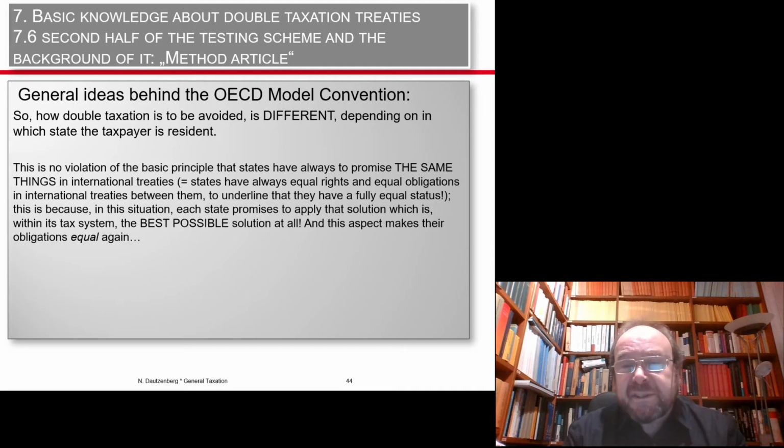Now, if both states promise to apply the best imaginable solution in their cultural and tax system, that is on a higher level promising the same. In different states there are different cultures and different tax systems, and because of this the concrete transposition of that principle in state A and state B will be different, so that the English apply the credit method and the Germans the exemption method.